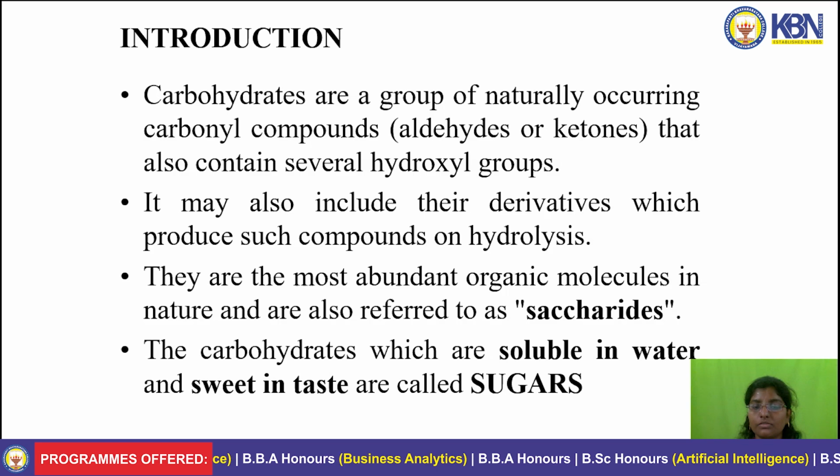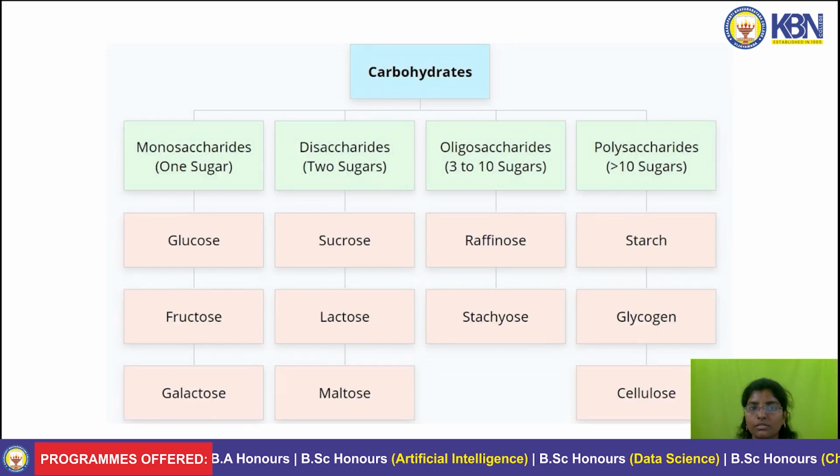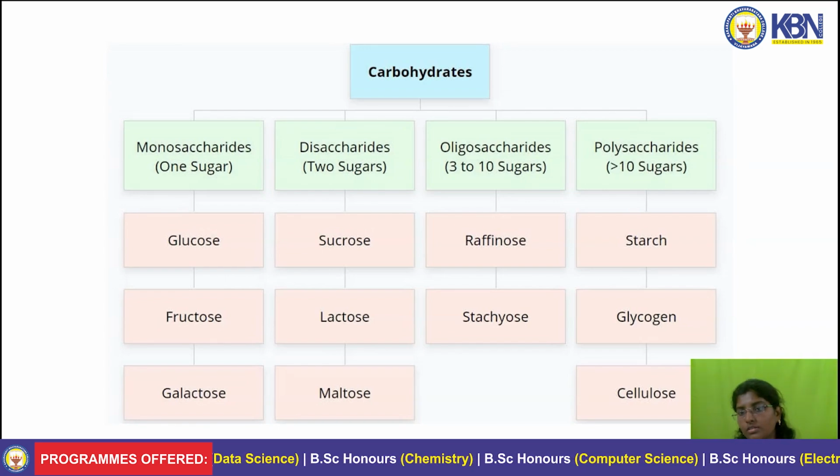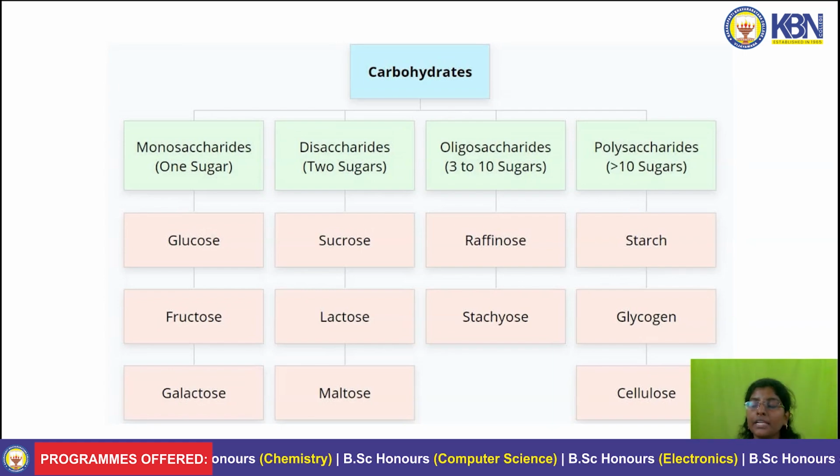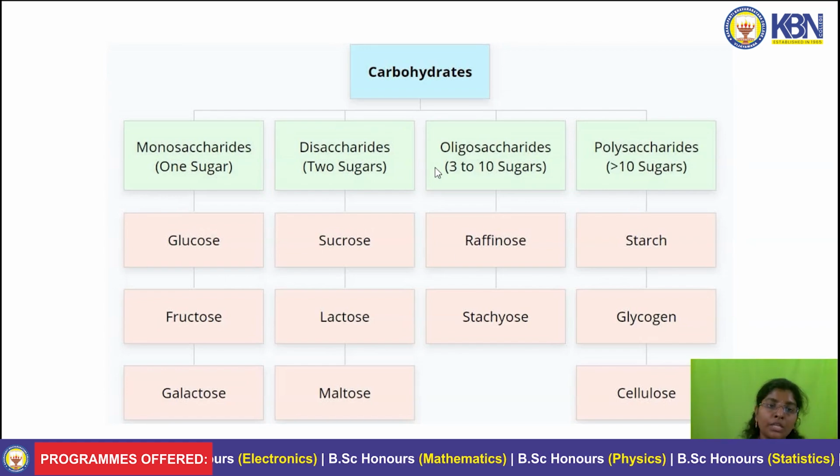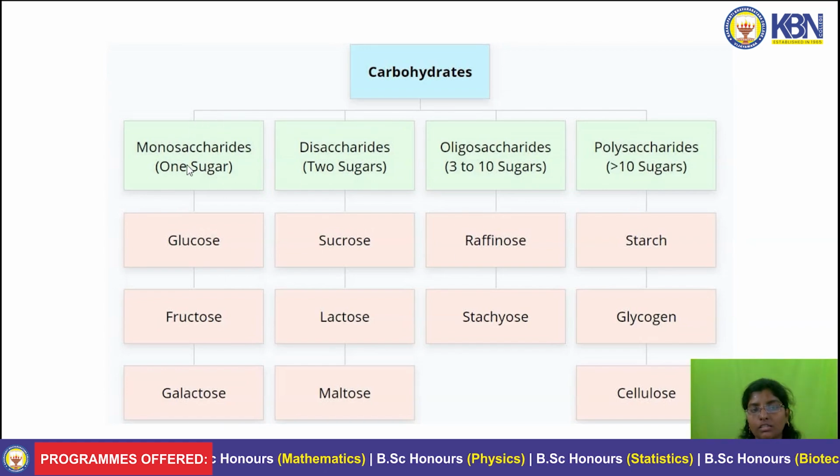The carbohydrates which are soluble in water and sweet in taste are called sugars. Next, carbohydrates are divided into four types, that is monosaccharides, disaccharides, oligosaccharides and polysaccharides. It is divided based on the sugar components. If there is only one sugar, it is called a monosaccharide.